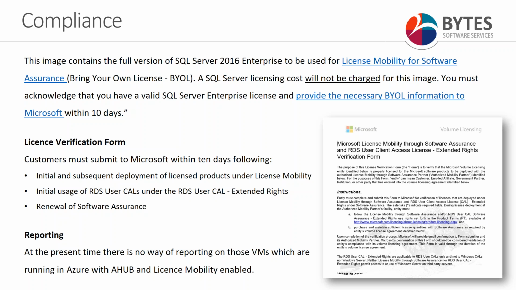So within 10 days of deploying, you have to complete a license verification form which tells Microsoft that you have assigned your licenses to the public cloud. Again, the same applies to AWS or any third party. Once you've completed the form, you can submit that through your Bytes account manager and we'll log it with Microsoft.